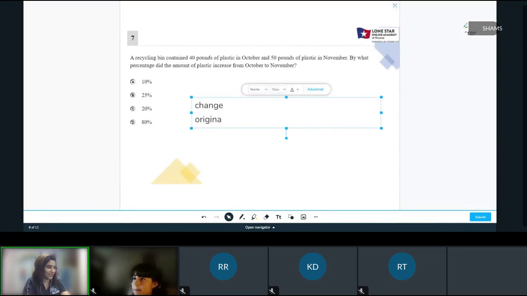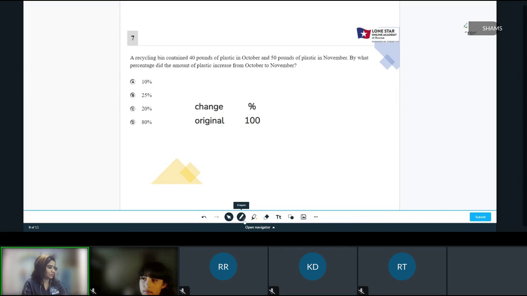Original is before the change happened. And then you can set it up as a percent. So I'm going to show you what I mean over here. This is how you can figure out percent of change.